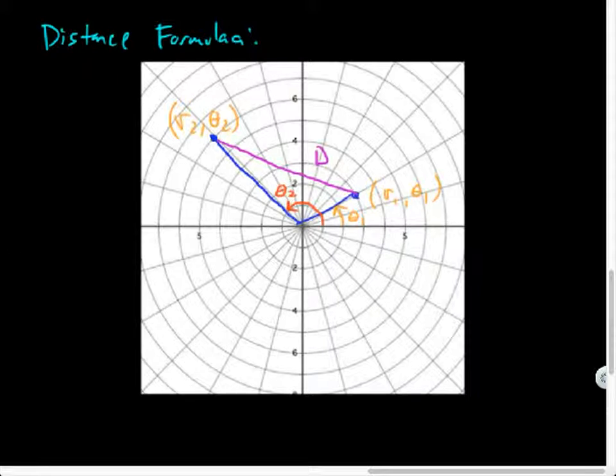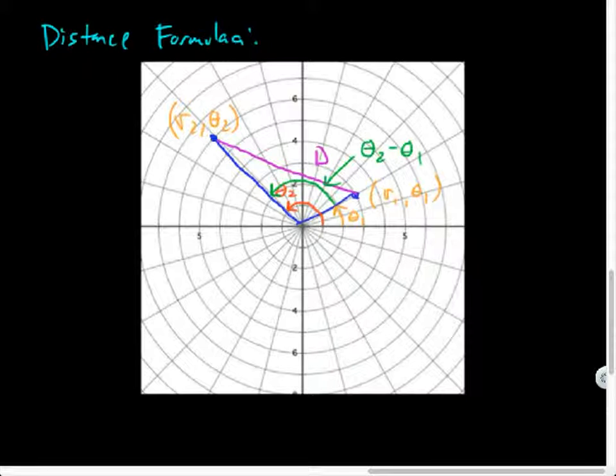So the angle of just this inside of the triangle, what would that angle be? Theta 2 minus theta 1. Right? Do you guys agree? Or theta 1 plus this green angle would equal the red angle. So that's this interior angle.